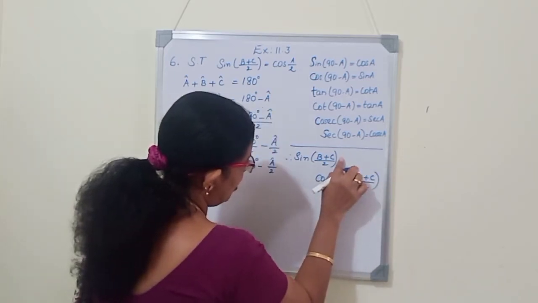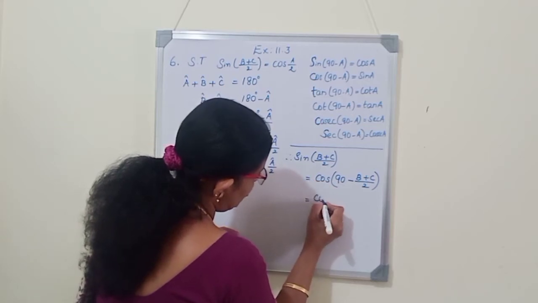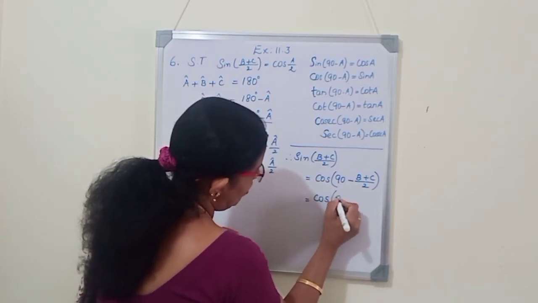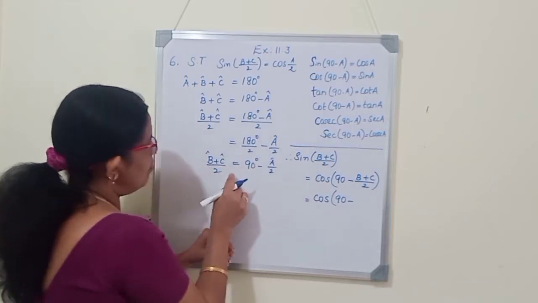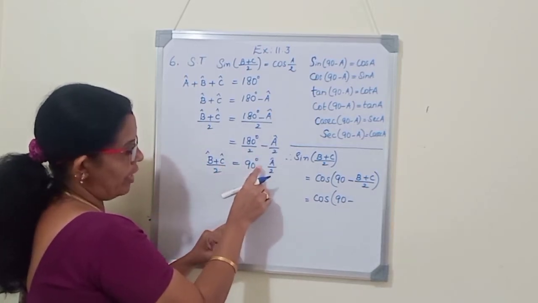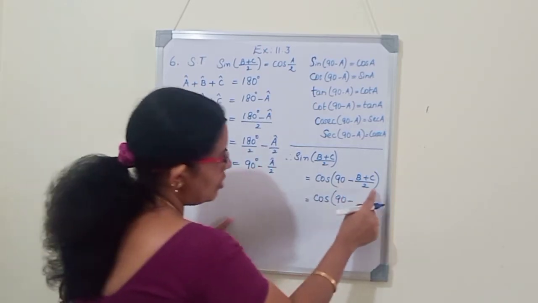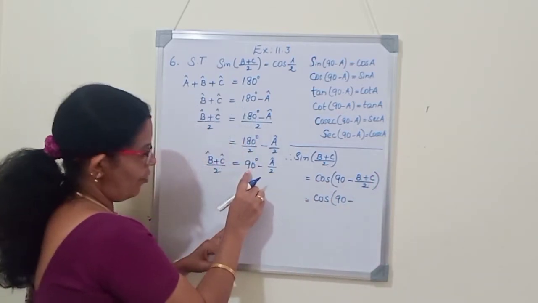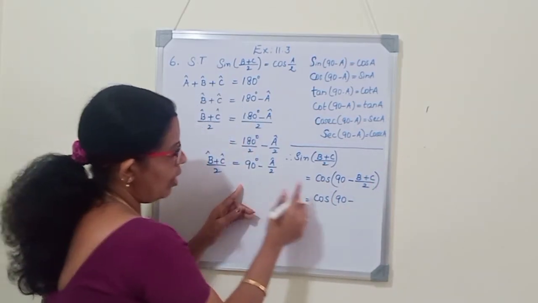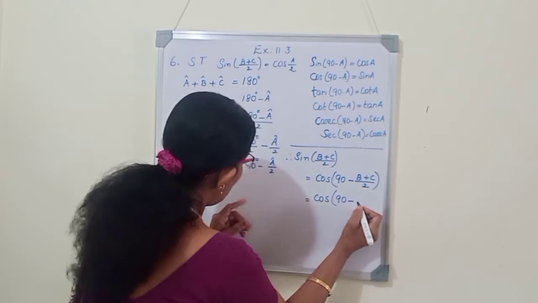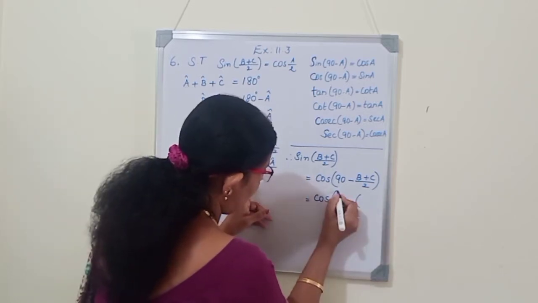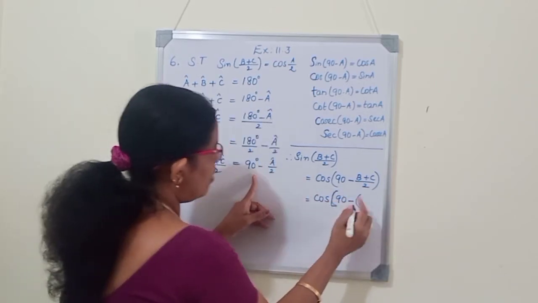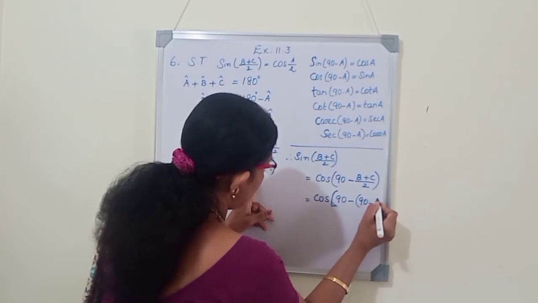Now that is equal to cos of 90 minus, what is (B plus C) by 2? We already got it is 90 minus A by 2. So instead of this (B plus C) by 2, we will write 90 minus A by 2. But already there is a minus sign, so once again one more bracket will put. I'll put this square bracket. Here we will write 90 minus A by 2.